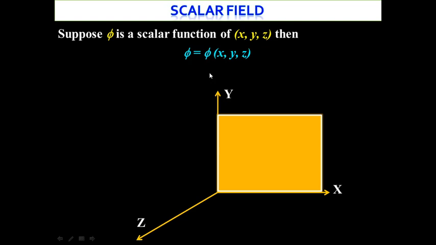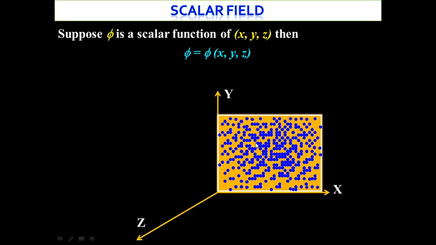Suppose this is the region of space, and inside this region of space scalar quantity is well defined. Suppose this is the point A at which the scalar quantity is phi1. Suppose this is the point B where the scalar quantity is phi2.